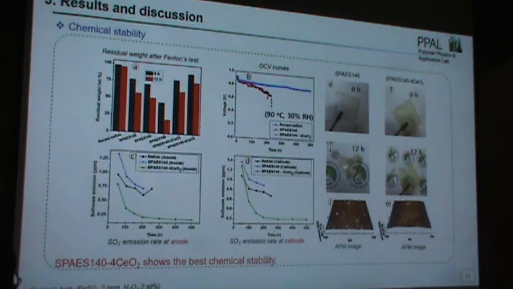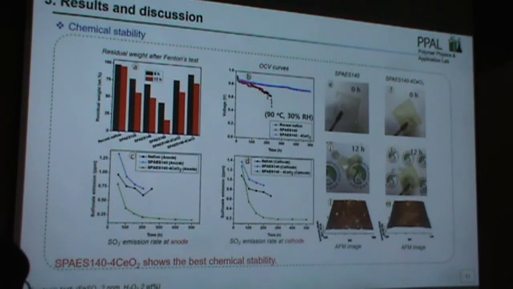And figure C and D show the sulfonate emission rate of the membrane at the anode and cathode side of the fuel cell system. We can see that the sulfonate emission rate of the layer by layer membrane is significantly lower than the Nafion and the pristine membrane. So this result confirms that the degradation degree of the layer by layer membrane is better than the others.